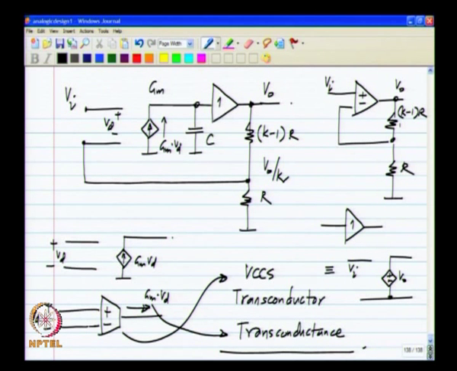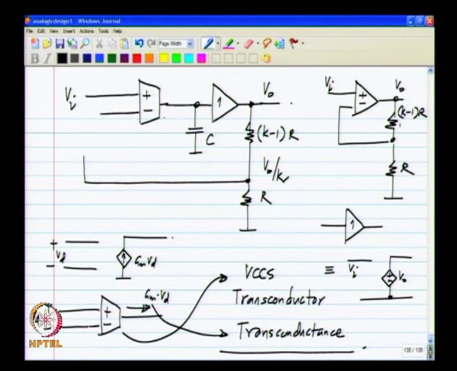Okay. So, with that change, the picture of my op amp implementation will look like this. Okay. And I will write Gm here to indicate the transconductance.